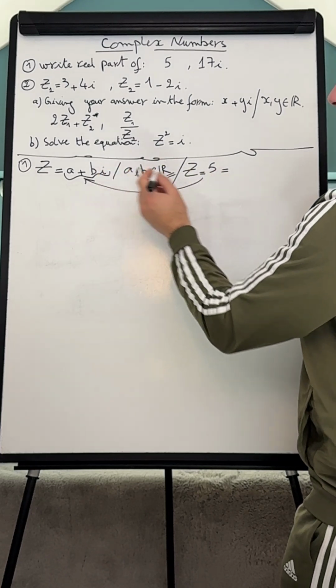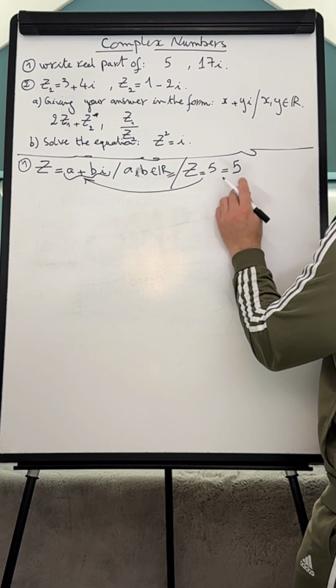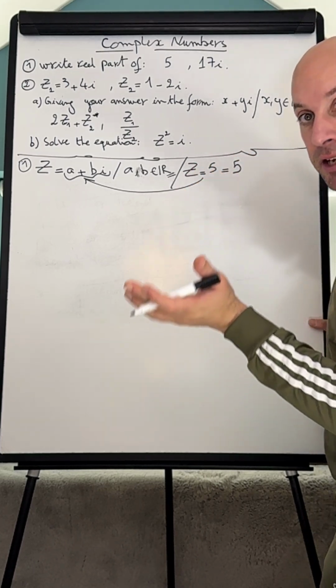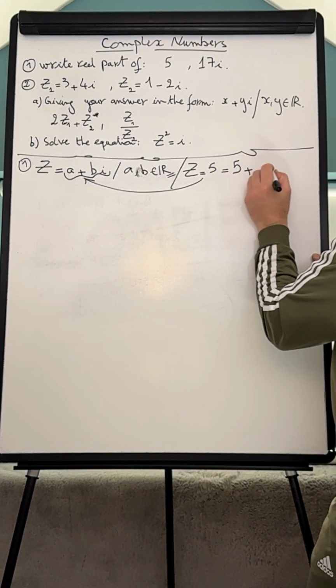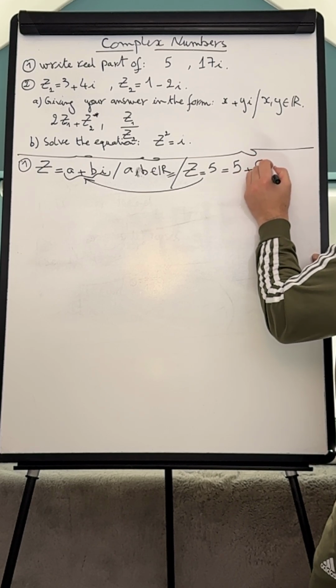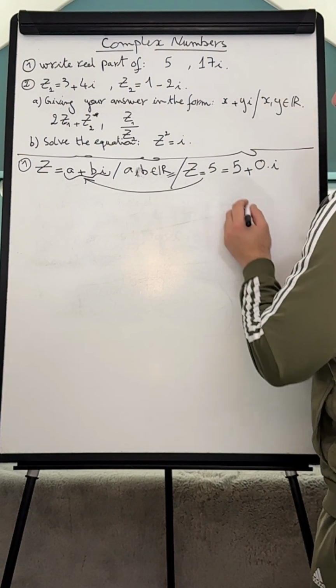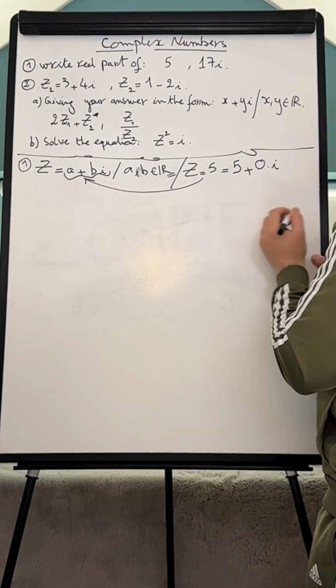Basically, 5 means a equals 5, and there is no i here, so it's i times 0, so Z equals 5 plus 0 times i. Then the real part of this formula is 5.